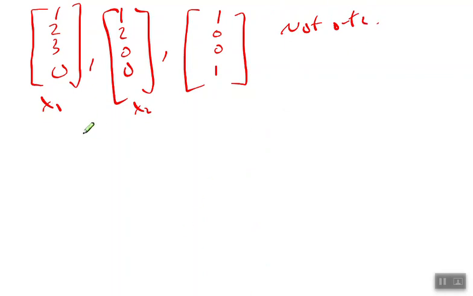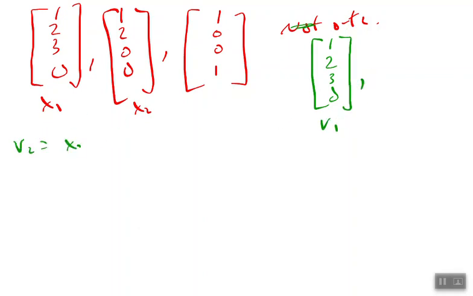So we want to make them orthogonal. I like to create them over here, and I'm going to just check. So this is vector 1. Vector 2 is going to be x2 minus (x2 · v1 over v1 · v1) times v1.